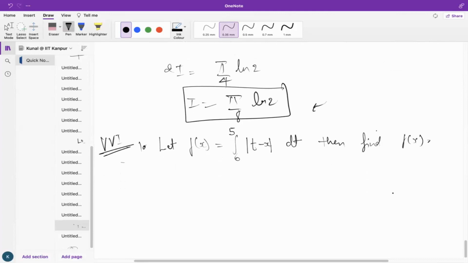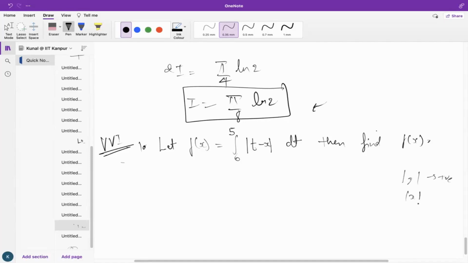Now, look at this question, right? What does this question tell you? First, try to understand what mod is and what mod tells you. The function of mod is that it always gives a positive value. Whatever you write inside it, it will give you a positive value.